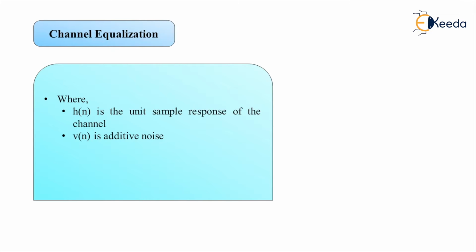This decision is typically made with a simple threshold device. So it is actually the estimate, d cap of n, that will opt the value positive 1 for x of n greater than or equal to 0, whereas it will opt the value minus 1 for x of n less than 0.